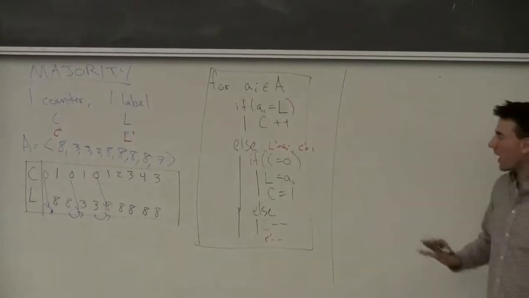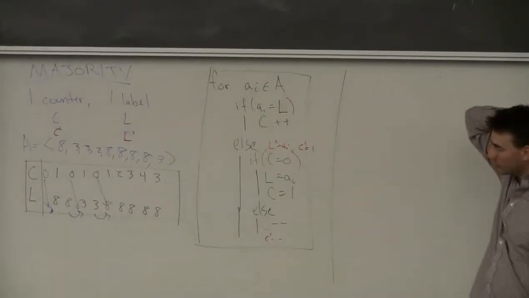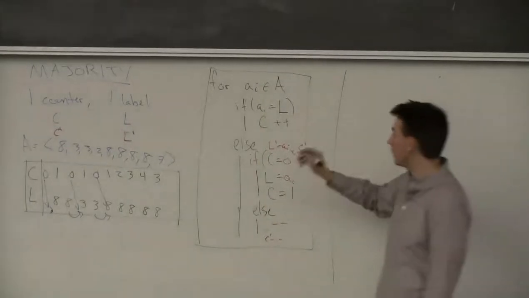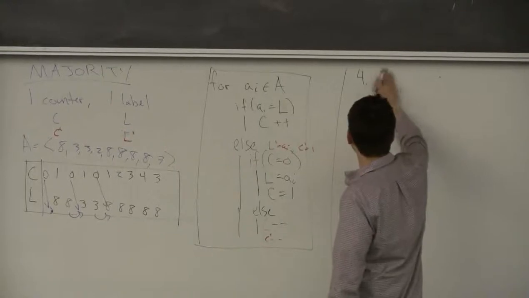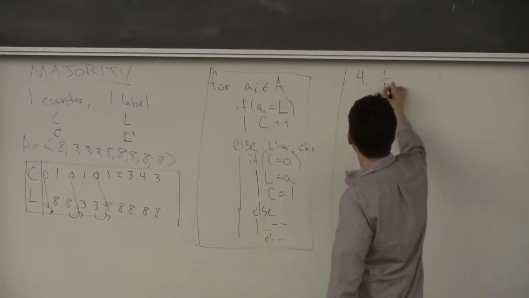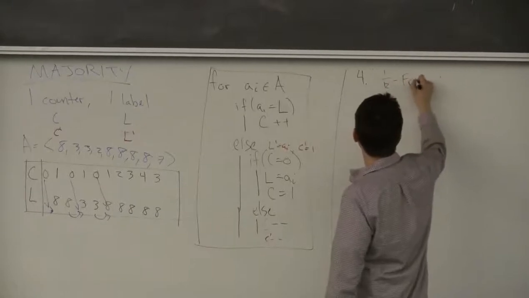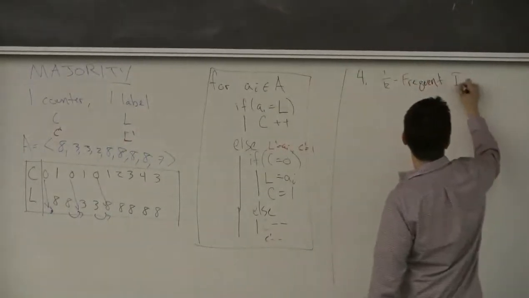Okay, so I want to do something like this, but now I want to solve a fourth problem, and this is going to be called, let's say, 1 over k frequent items.